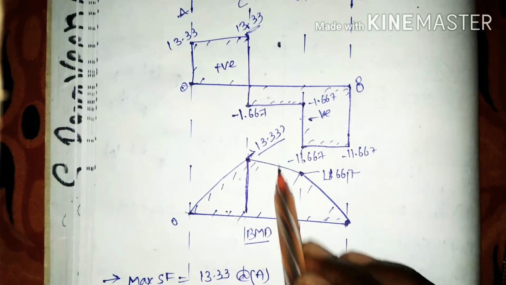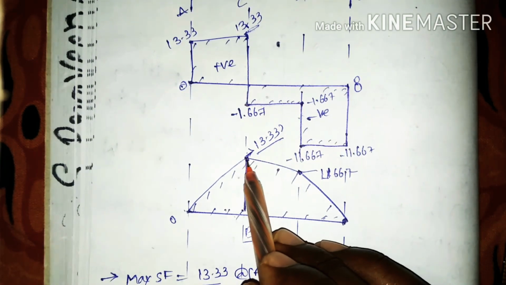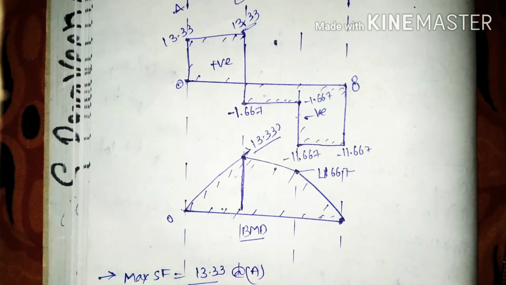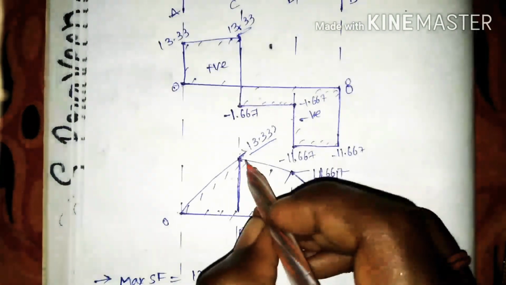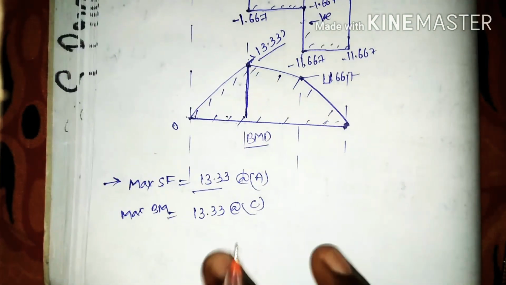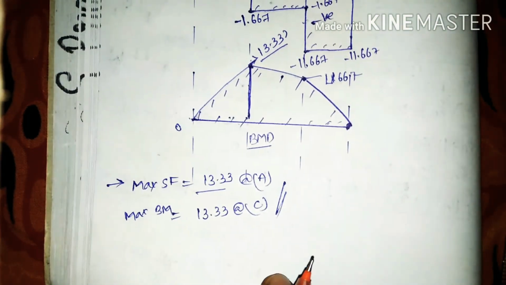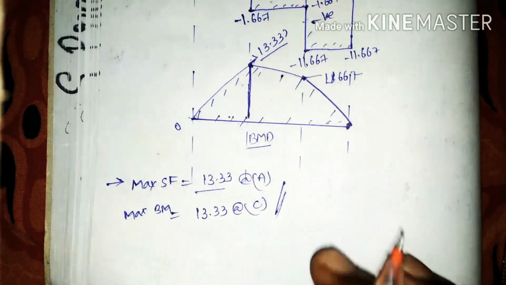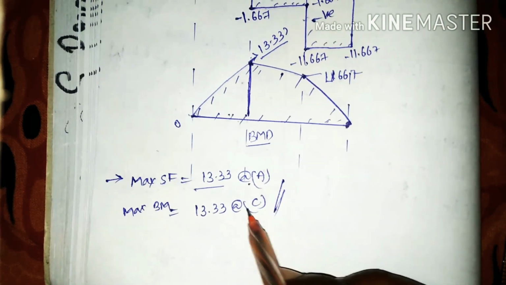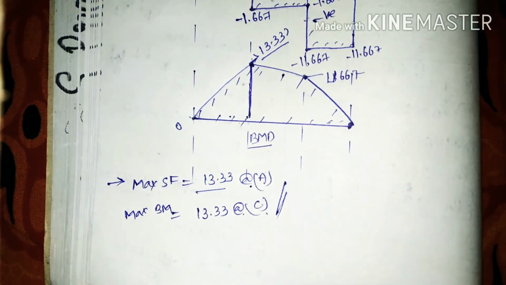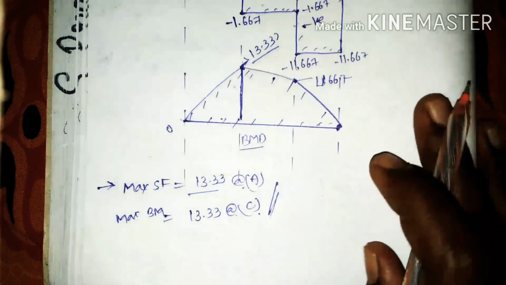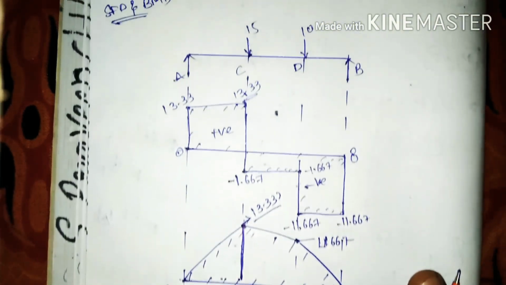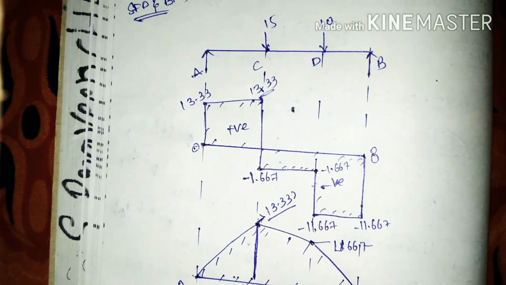The greater, maximum value of bending moment is 13.33, at point C. In the given question we have to indicate A and C, and it is very simple to draw the shear force and bending moment diagrams with their values, points and locations.